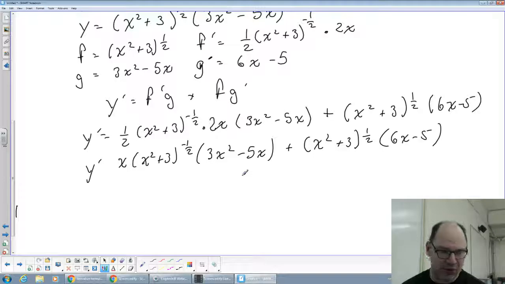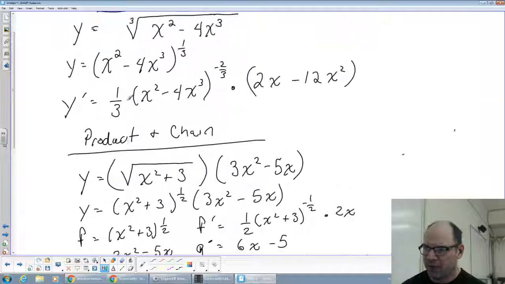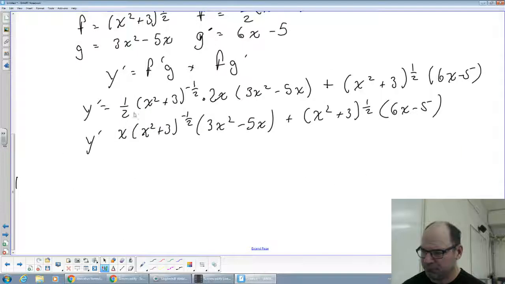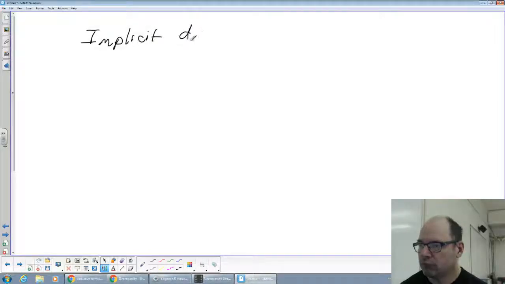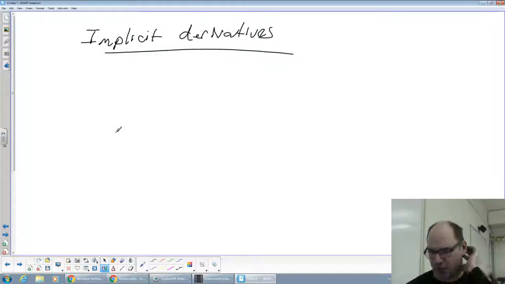The final thing we did was a little bit on implicit differentiation. So let's take a look at one of those, and what an implicit differentiation type example would be. Okay, so this is where you get those expressions where you have y's and x's in them.